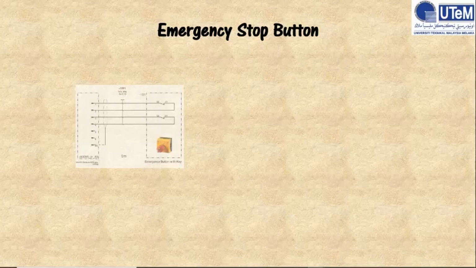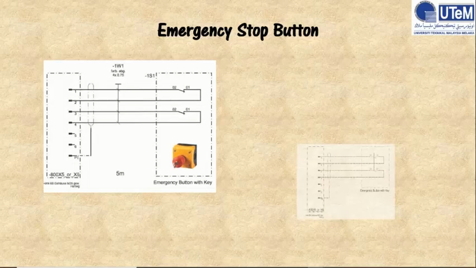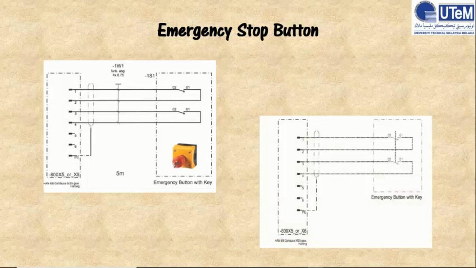Now I will talk about the emergency stop button. There are two emergency stop button ports at the side of the kit cabinet frequency converter. As another option, we can also use the delivered Harting plug with 6 pins that can connect to our own emergency stop button.